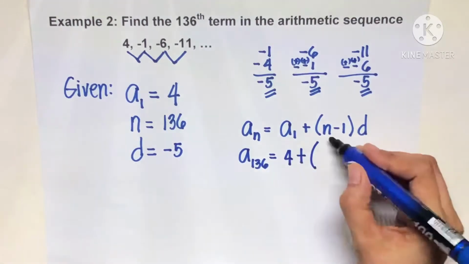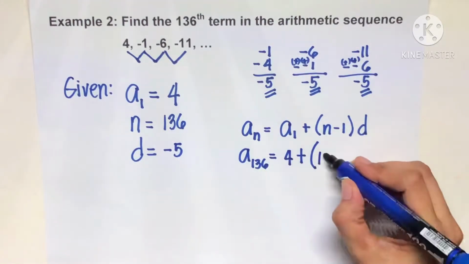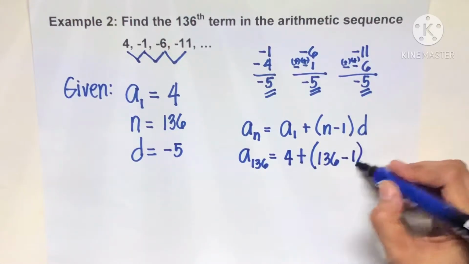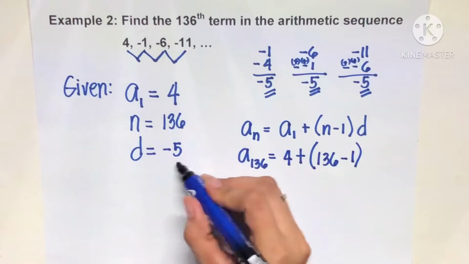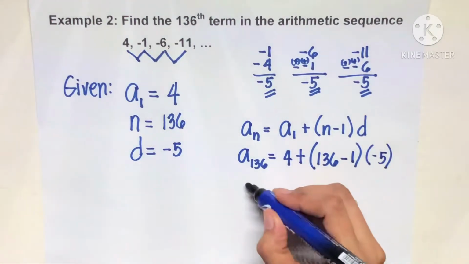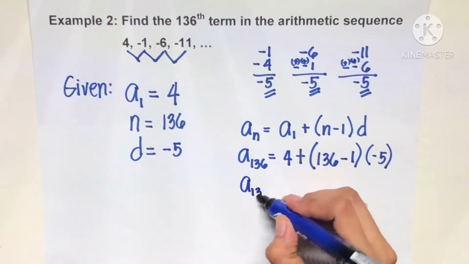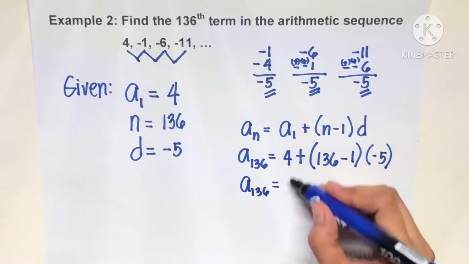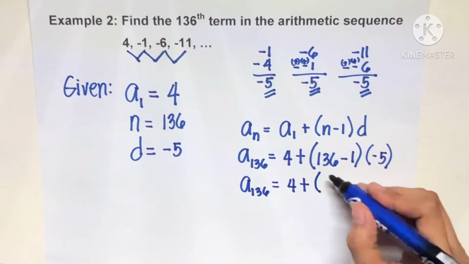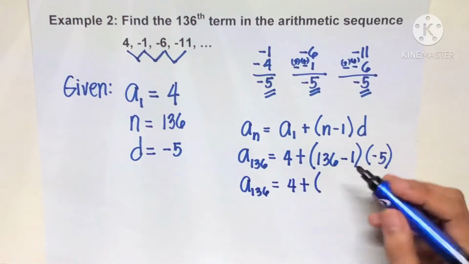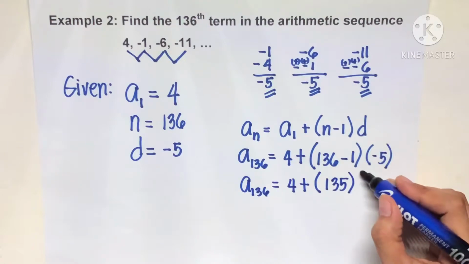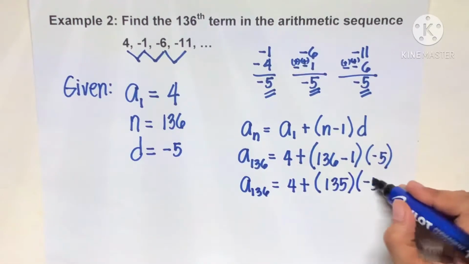Okay, plus our n is 136 minus 1 times d. Our d is negative 5. So a sub 136 is equal to, we will copy 4, okay, plus the quantity of 136 minus 1 is 135. Okay, we will multiply it to negative 5.